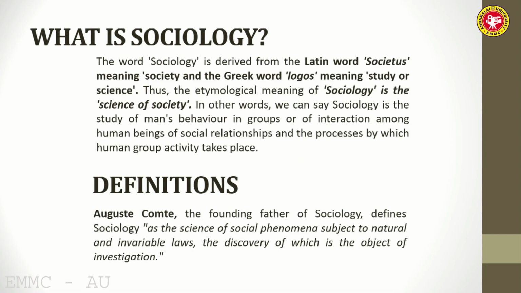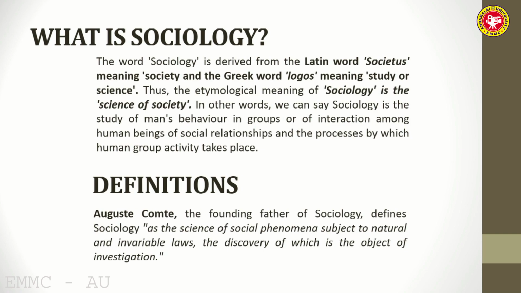What is sociology? The word sociology is derived from the Latin word societas, meaning society, and the Greek word logos, meaning study or science. Thus, the etymological meaning of sociology is the science of society.